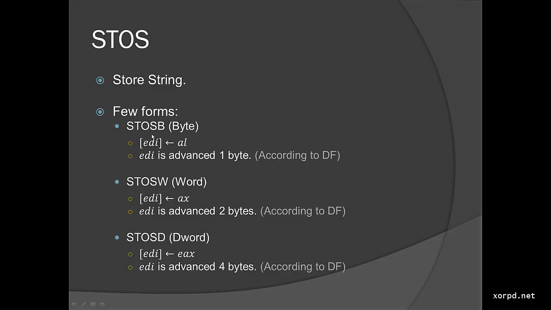The first one is STOSB. B stands for byte. This instruction stores the value of AL into the address EDI, and then EDI is advanced by 1 byte.